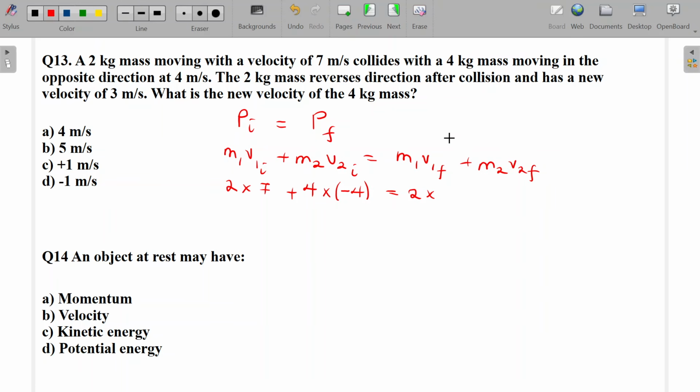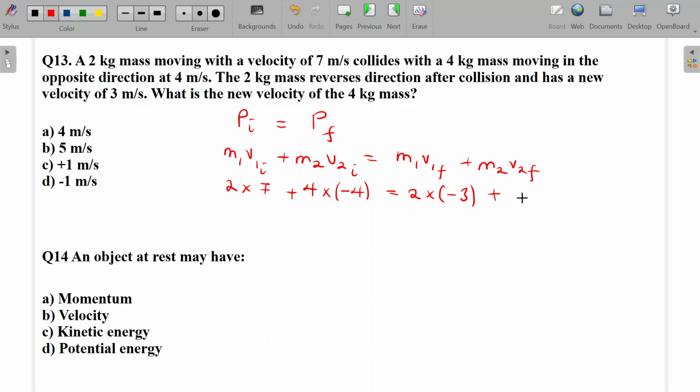Check the 2 kg mass direction after the collision: it reverses direction. Instead of going to the positive direction, it is now moving to the negative side, so it's negative 3.